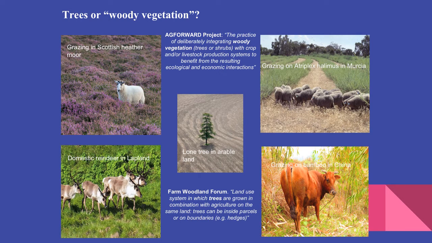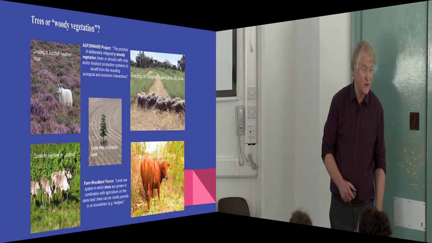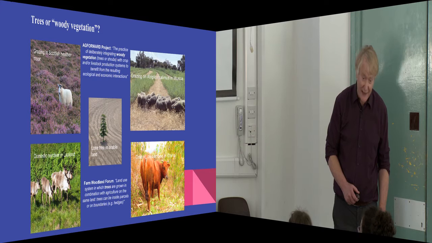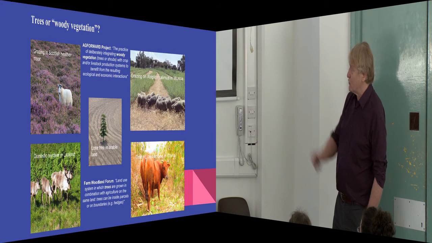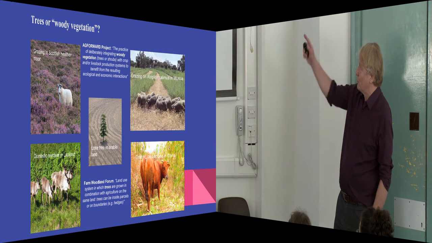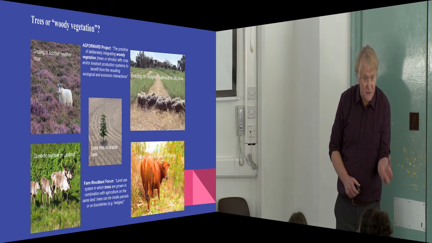And I guess the question is, all these pictures are showing woody vegetation and animals grazing amongst them. So according to some definitions, heather moor could be agroforestry because it's managed woody vegetation. So could dwarf shrubs in Lapland, so could saltbrush, so could grazing of bamboo, so could isolated individual trees.